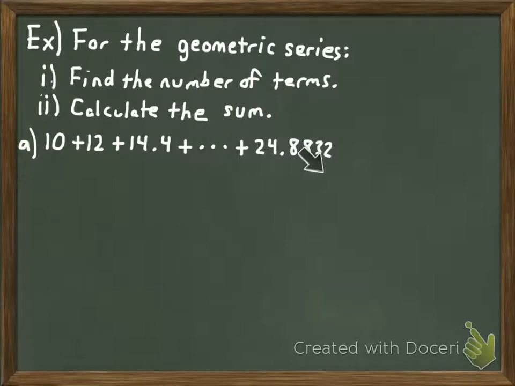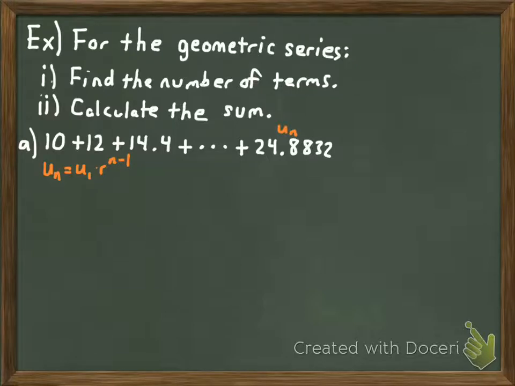We'll find out what the term number is using the general formula for a geometric sequence, of course. Remember, u sub n equals u sub 1 times the common ratio to the n minus first power. And we're calling 24.8832 the u sub n.